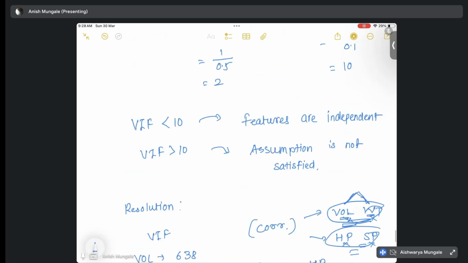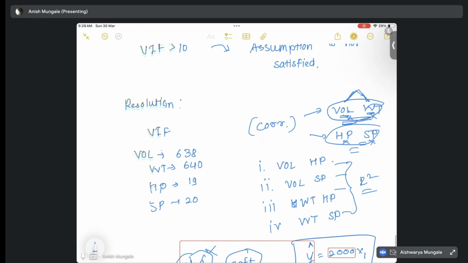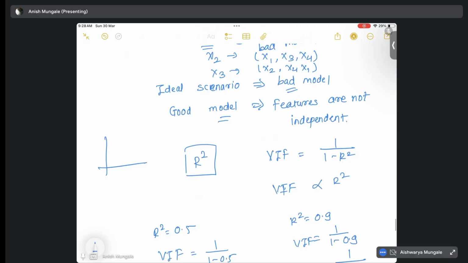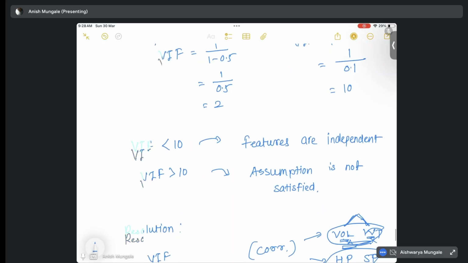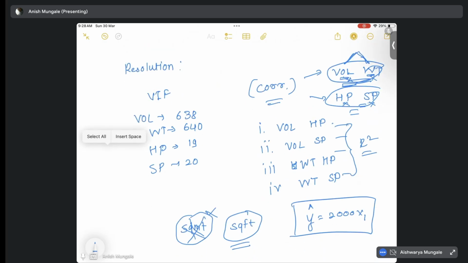So first we saw from the correlations. First you find the correlations for all, and where there is a high dependence, those are the pairs.